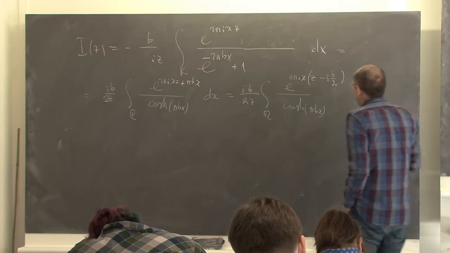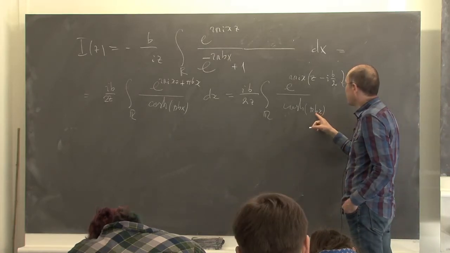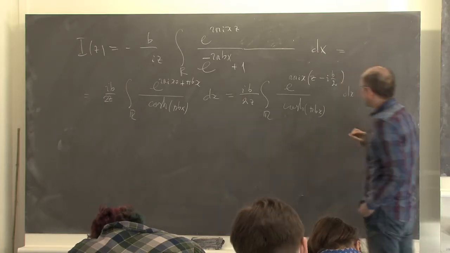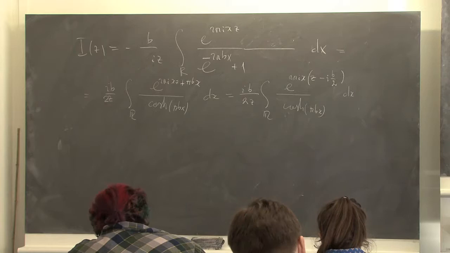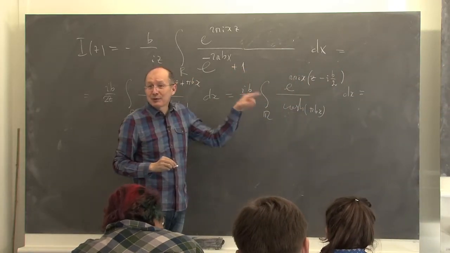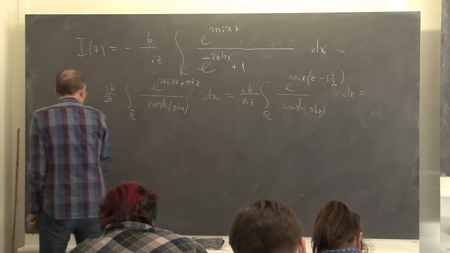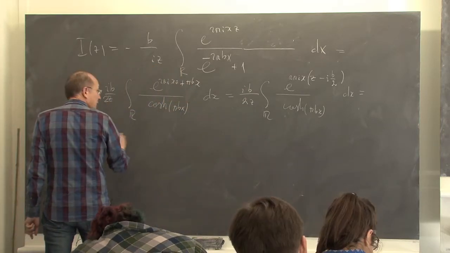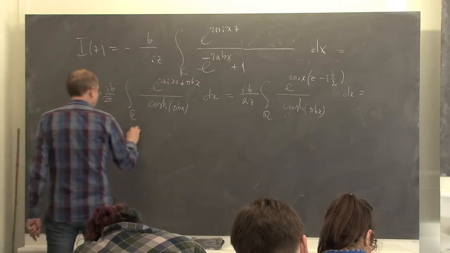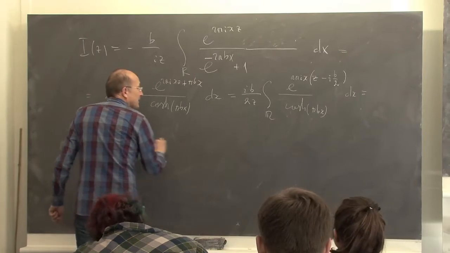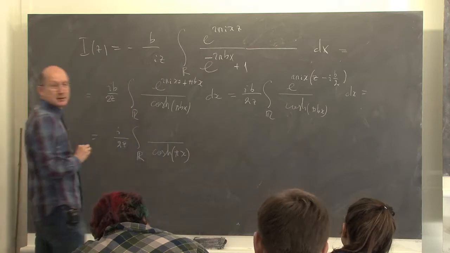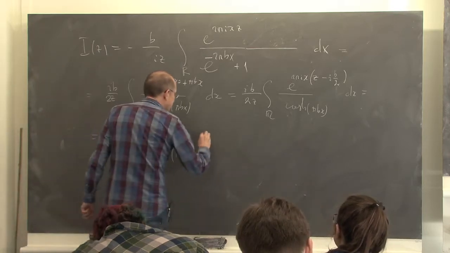And one more thing. I want to get rid of that b here. So I scale x by the inverse of b. And this b will be absorbed. But of course, it will reappear elsewhere. i over, at least the coefficients are more clear now, cosh of pi x downstairs, dx.